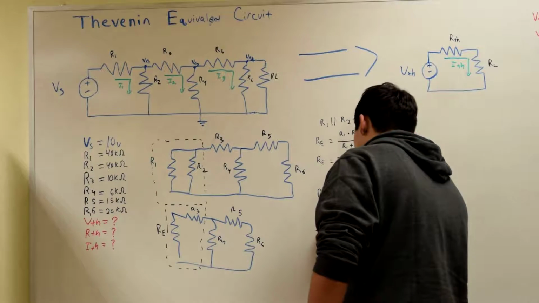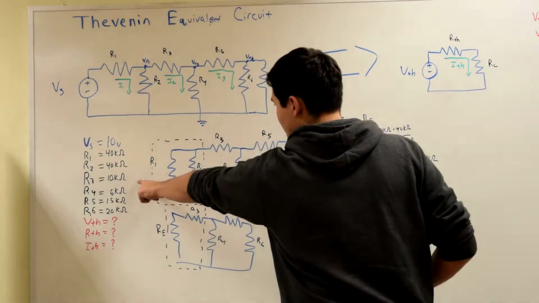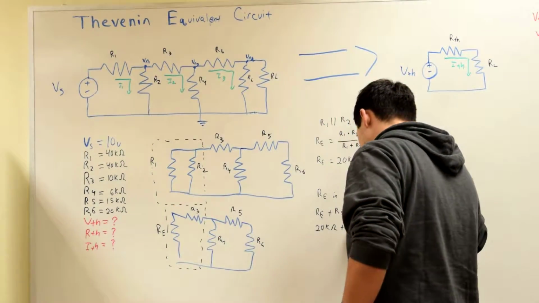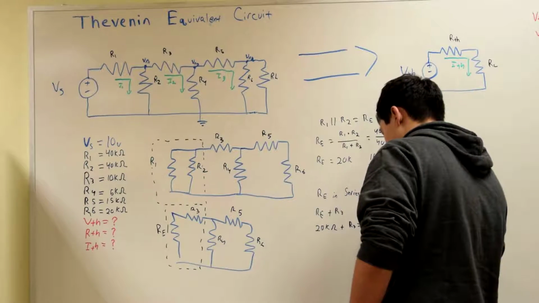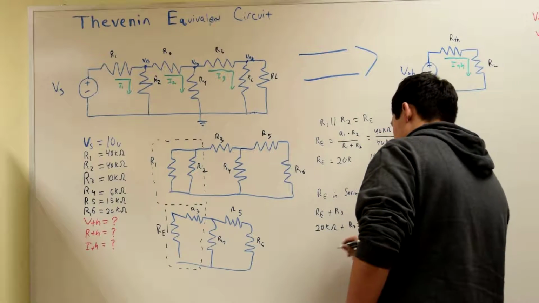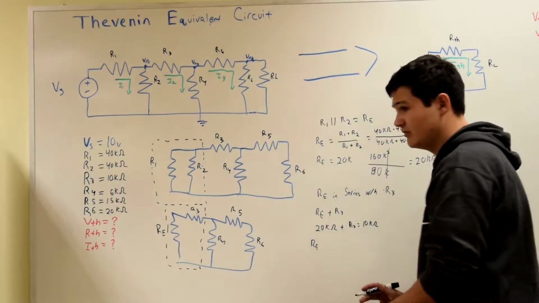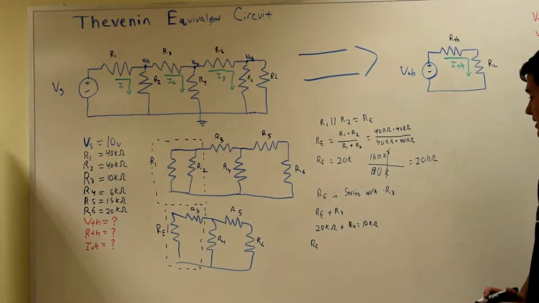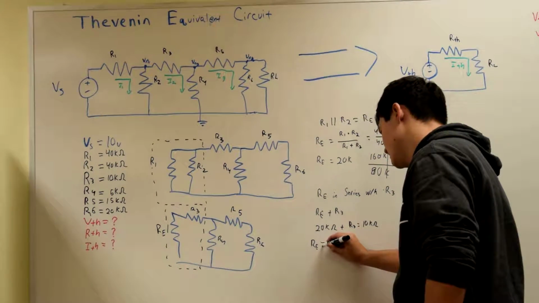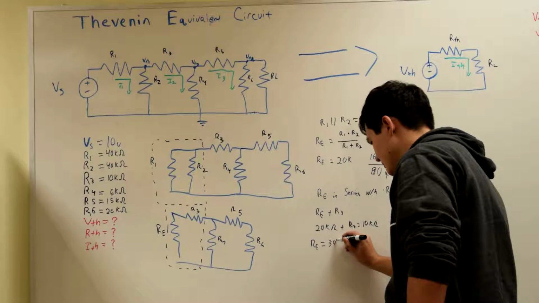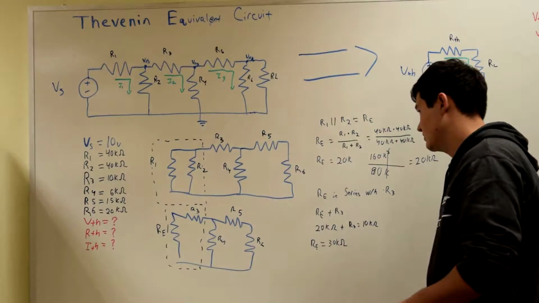And so that's 20K ohms plus, and our value over here tells us R3 is equal to 10K ohms. And so RE, because this is going to move with us, guys, don't get confused by that. RE is moving with us. Is going to turn into 30K ohms for this next iteration.